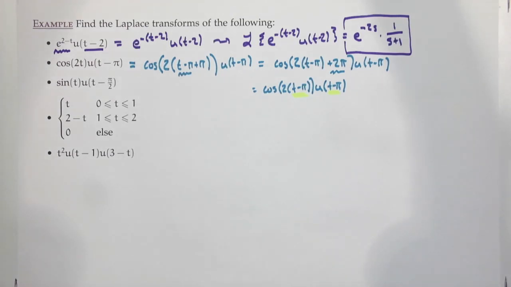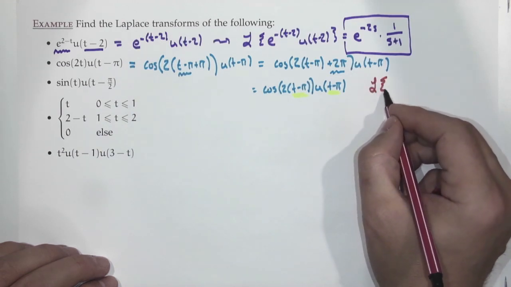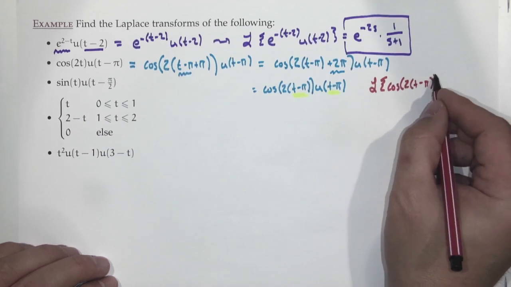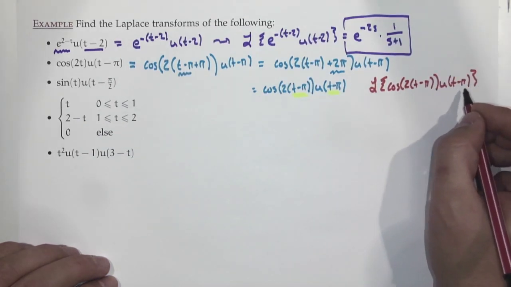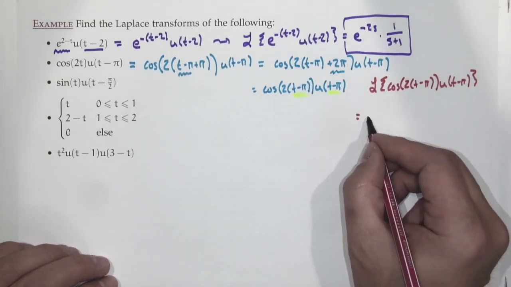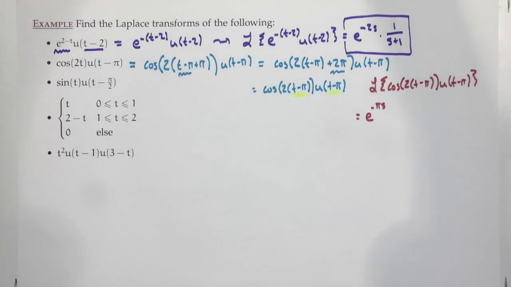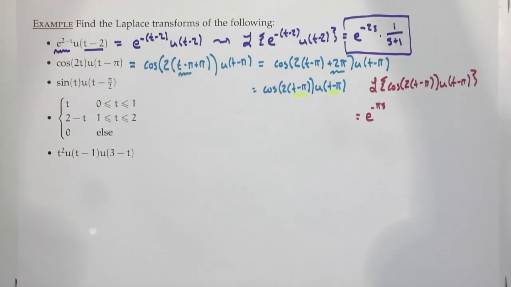All right. So we now do the Laplace transform of this. Cosine 2t minus pi, u of t minus pi. We see that u of t minus pi says we're going to have e to the minus pi s. And when we look at the first function, what are we cluing off of? Well, we're not going to clue off of the cosine 2 times t minus pi.